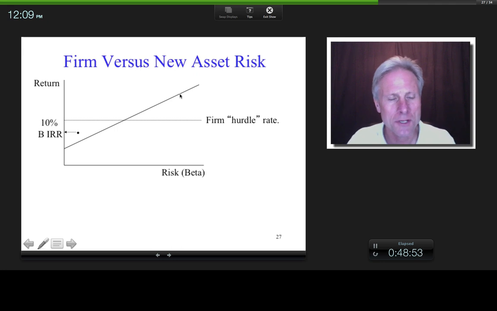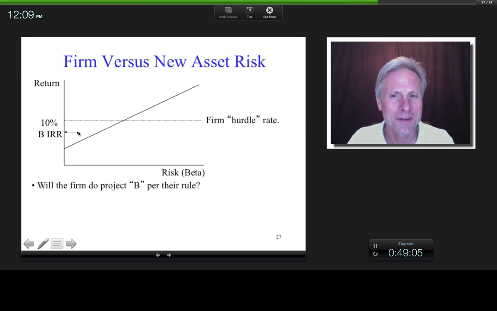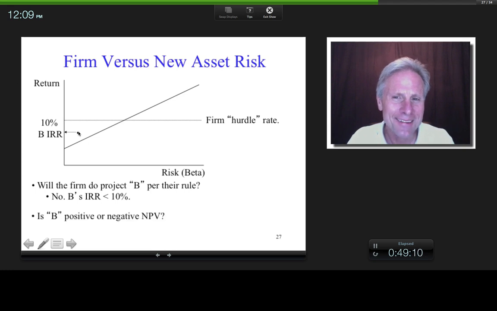Let me show you another example. And so we got project B. Is project B higher or lower than the hurdle rate? It's lower, right? So would they do it or not do it? They wouldn't, right? On the other hand, would B be positive or negative net present value? Well, it would be positive. Why?